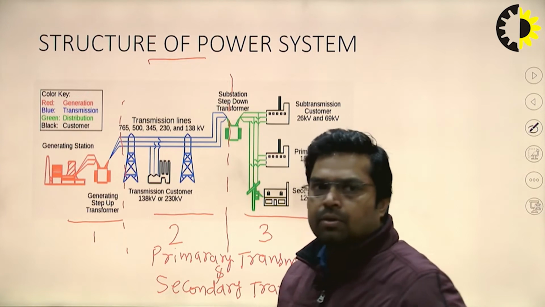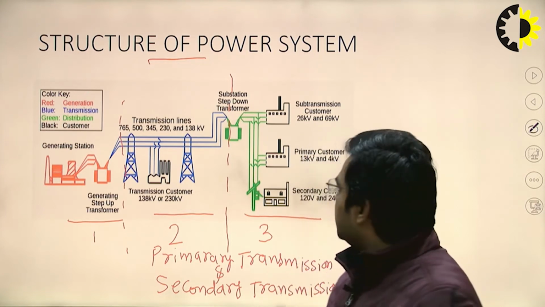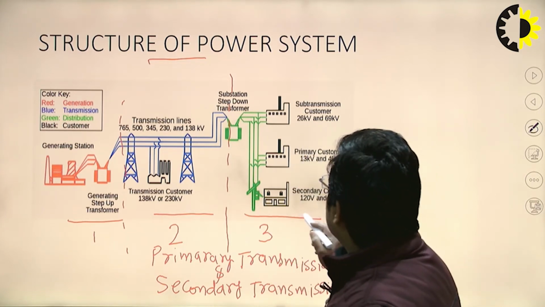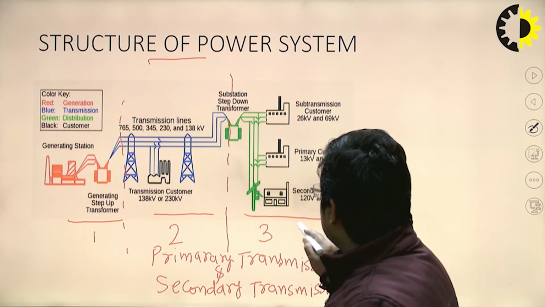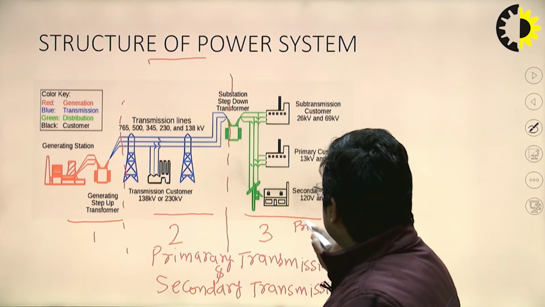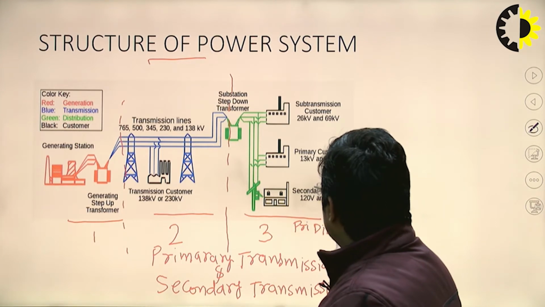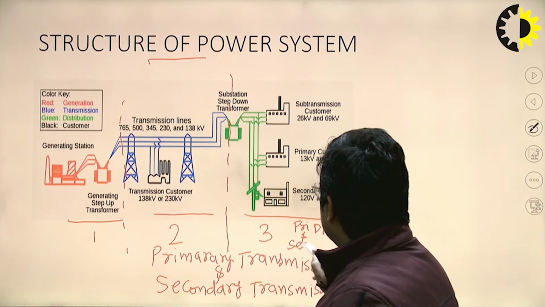And if we are talking about the distribution side, the distribution side is also classified in 2 ways. First one is the primary distribution and the secondary distribution.